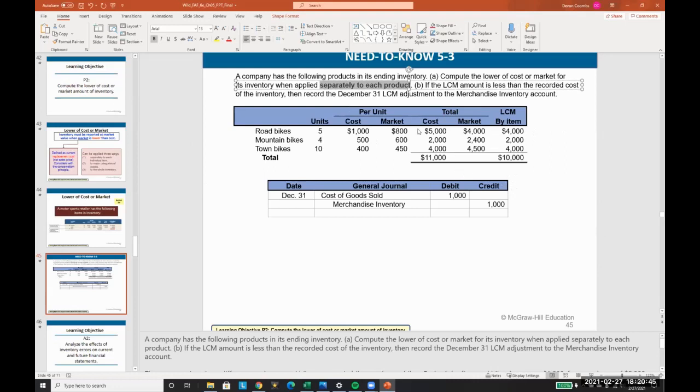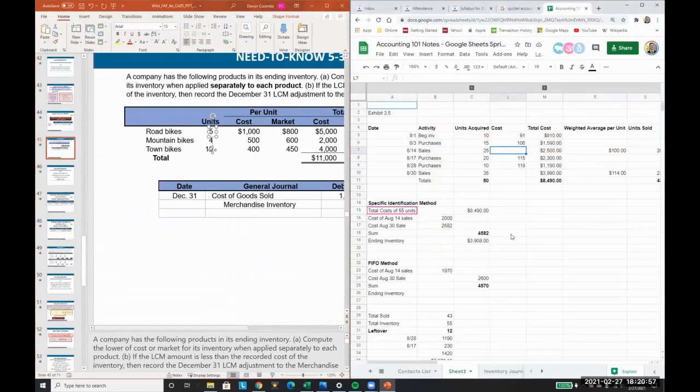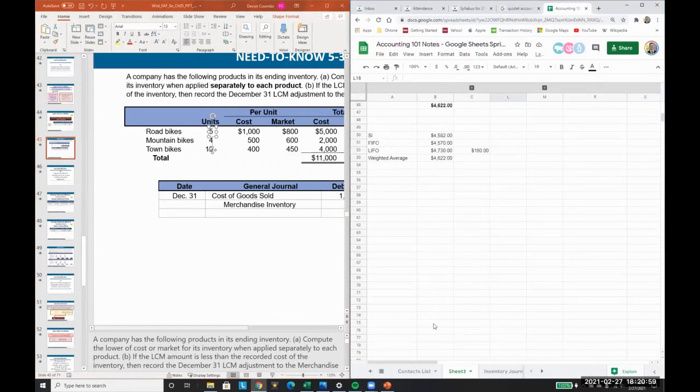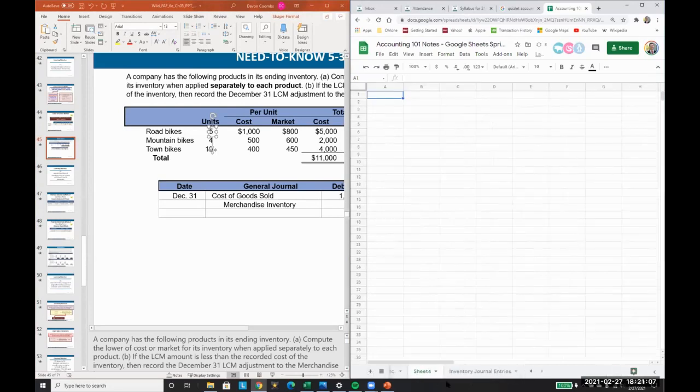And so if I'm doing it by product, my cost is $5,000 for the road bikes, $2,000 for the mountain bikes, and $4,000 for the town bikes. And so let me do Google Sheets here. I think this will be helpful. So this was inventory, FIFO, etc. And then I'll put here lower of cost or market, LCM.